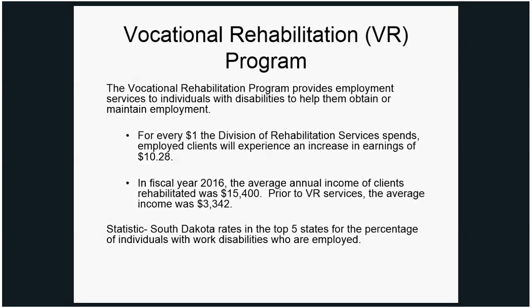I'm not claiming sole success for that, but we're just really hard workers as South Dakotans. You've probably heard that before, and this is a statistic that points directly to that. That's pretty amazing, quite the difference for them.